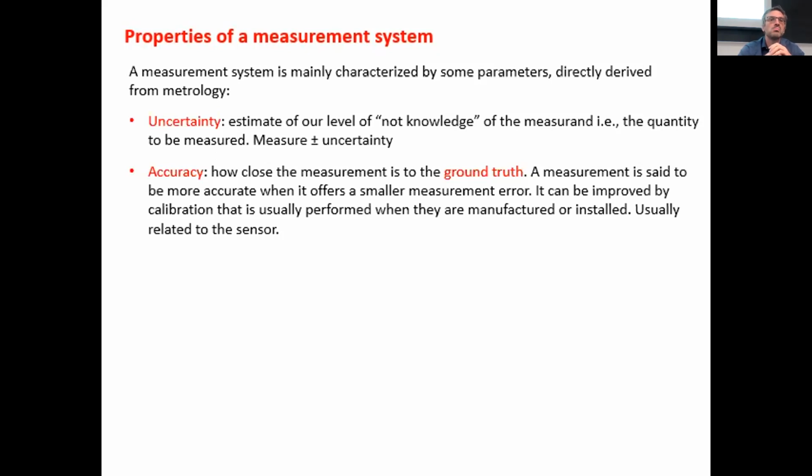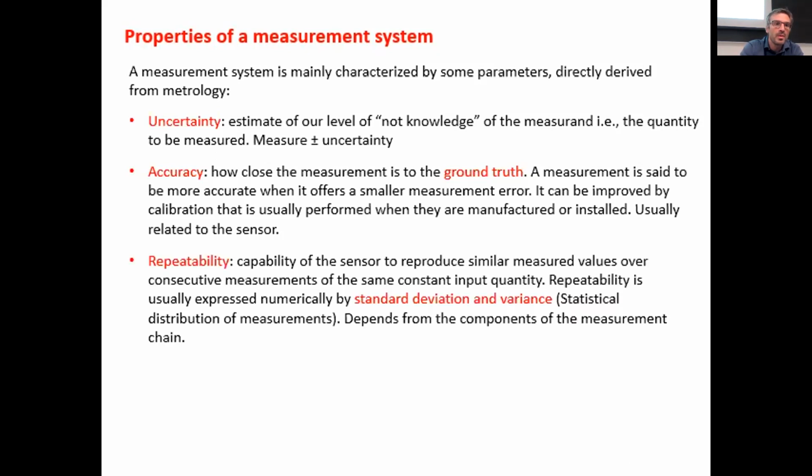It will tell you 1 meter plus 1 micron or plus 100 micron, depending on the accuracy of the instrument. So the measurement error is how far your measure is from the real value. You can improve the accuracy by doing a better calibration of your sensor. Normally the calibration is done whenever the sensor is installed or manufactured, and it's related to the sensor itself, not to the measurement system.